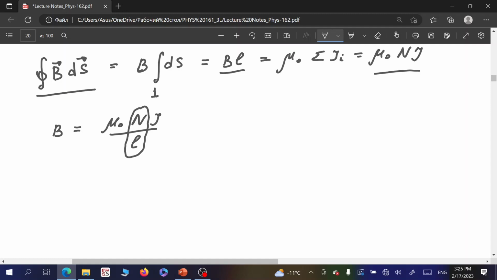Because now capital N and L, these are more characteristic of the solenoid combined with the characteristic of the closed loop which we decided to choose. But we can choose any closed loop. So we want to come to some characteristic which is describing only the properties of the solenoid. And that is number of turns per unit length.